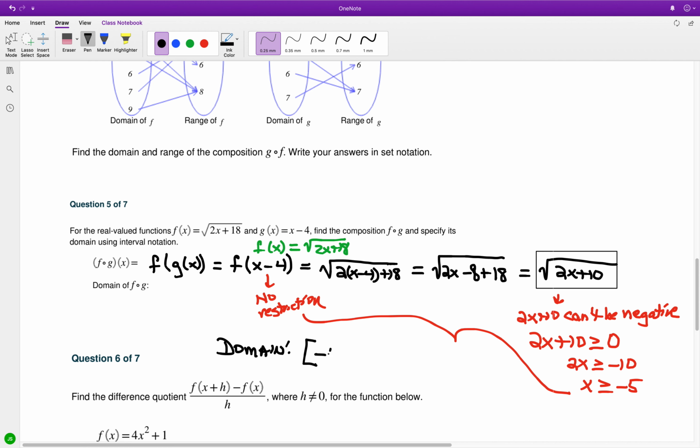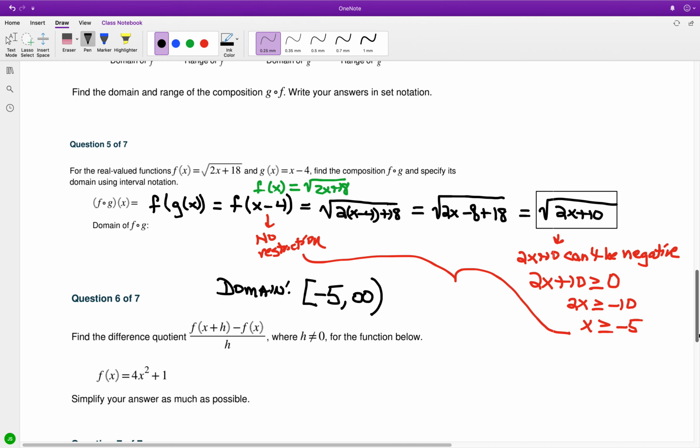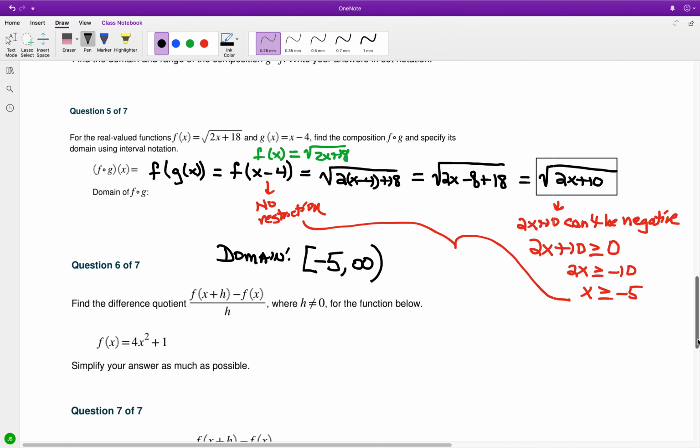Using interval notation, we have a bracket around negative 5, and all other values will be greater than negative 5. That would be the interval solution that defines the domain.